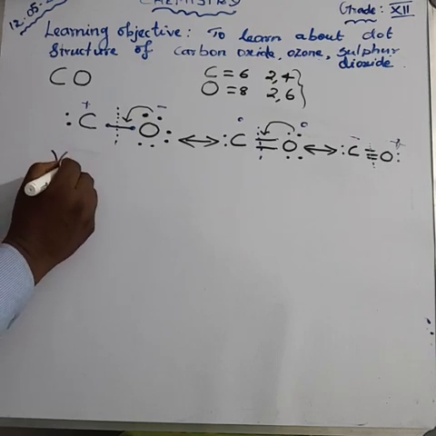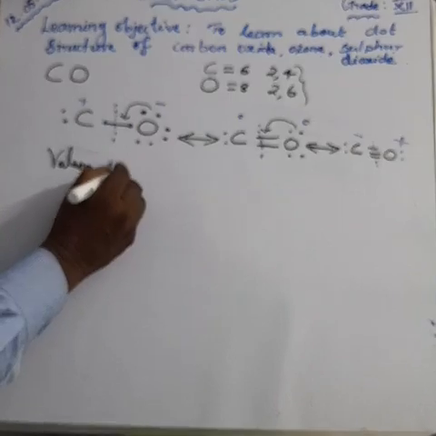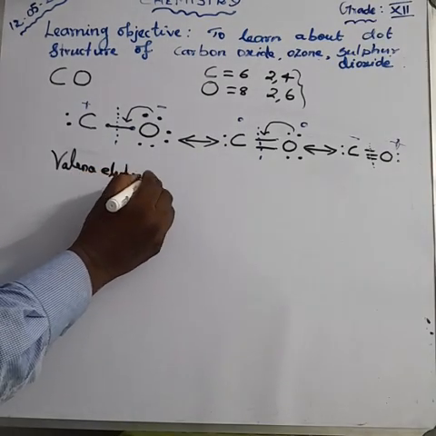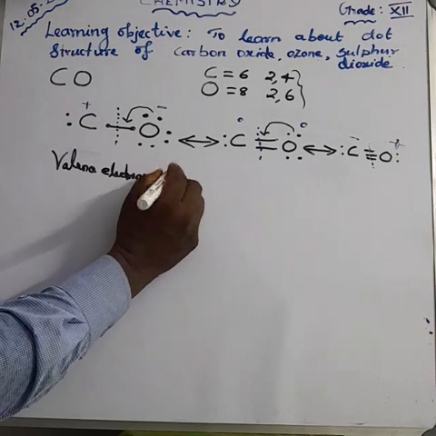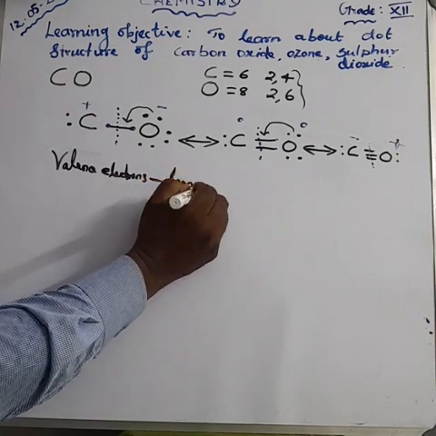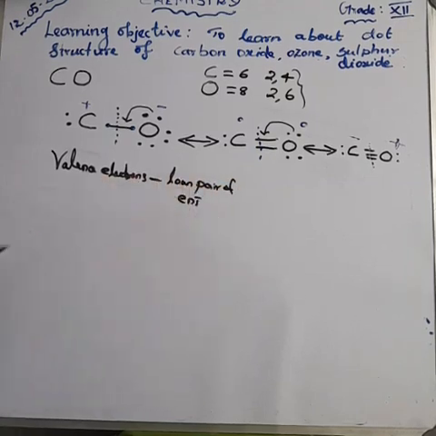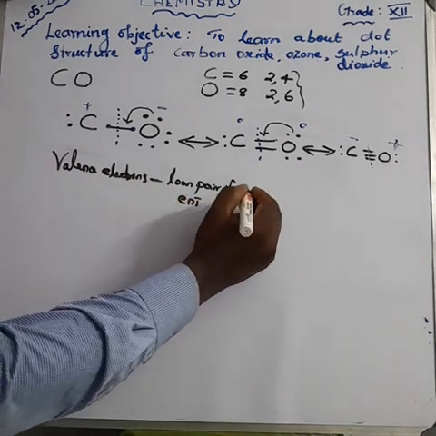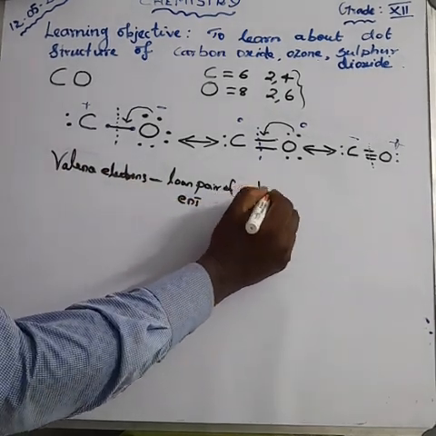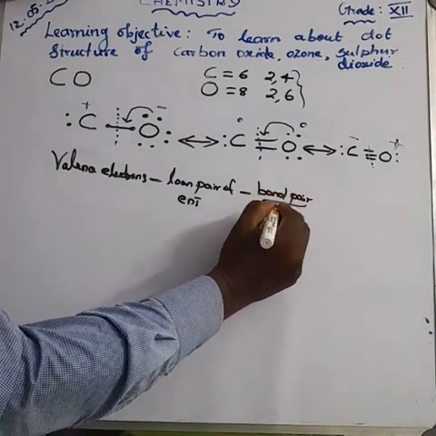Valence electron minus lone pair of electrons minus bond pair divided by 2.